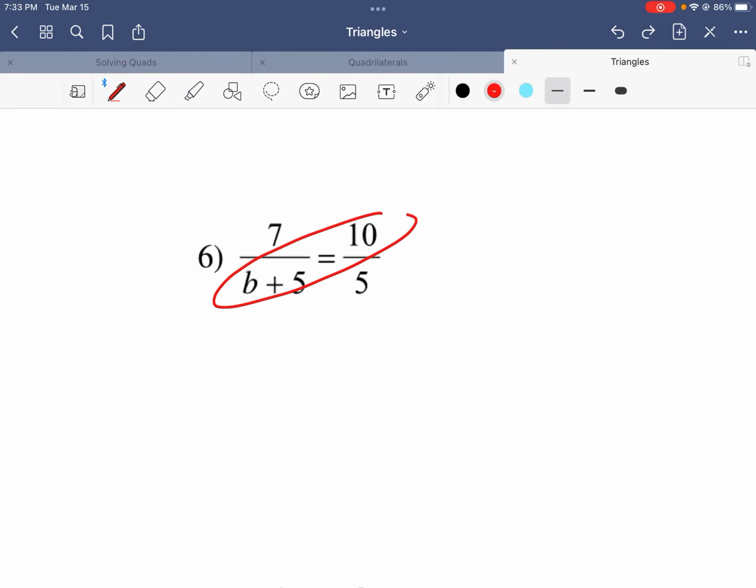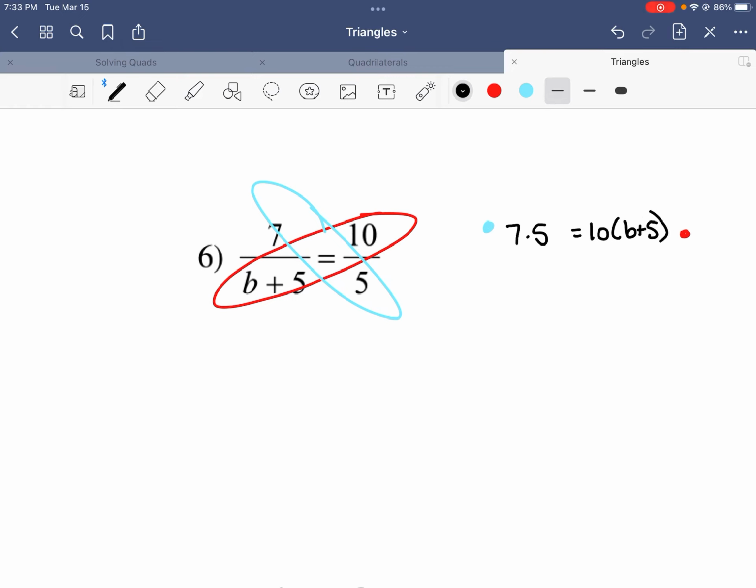So I'm going to multiply these two and multiply these two. So my blue side is 7 times 5. We do an equal sign. And then my red side is going to be 10 times all of this.